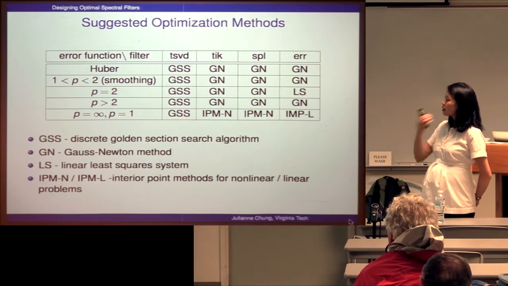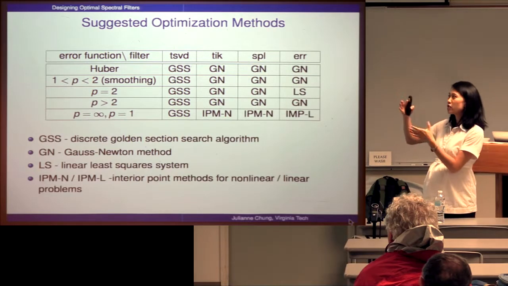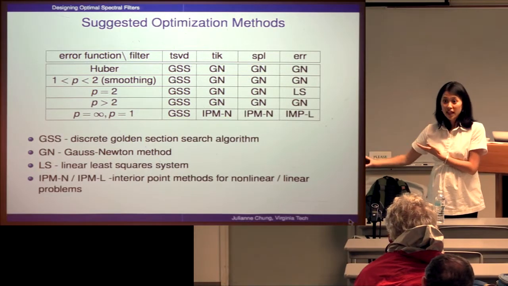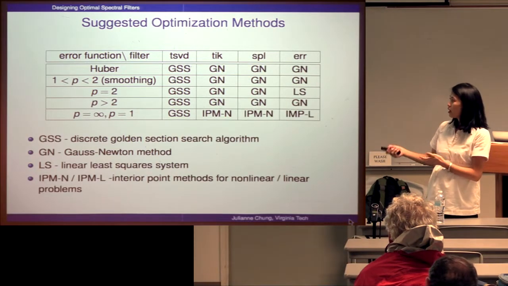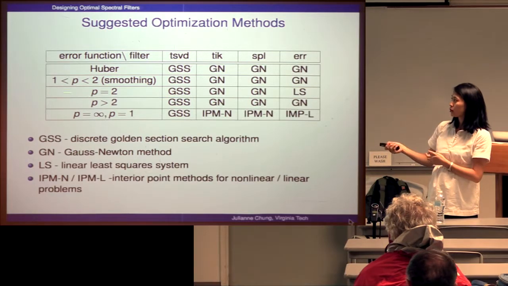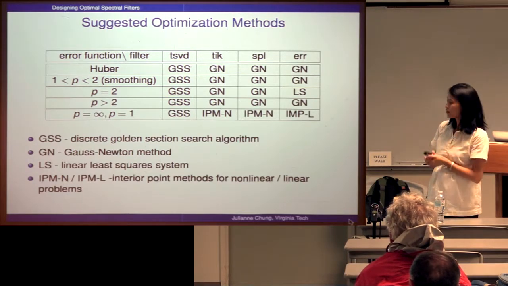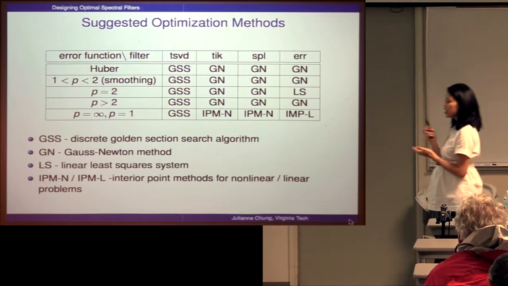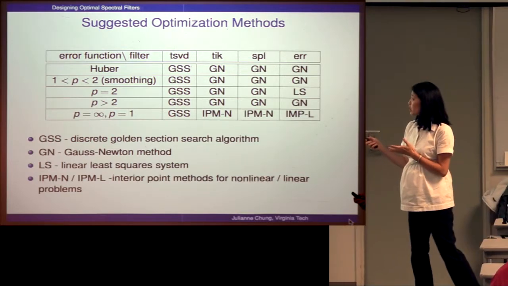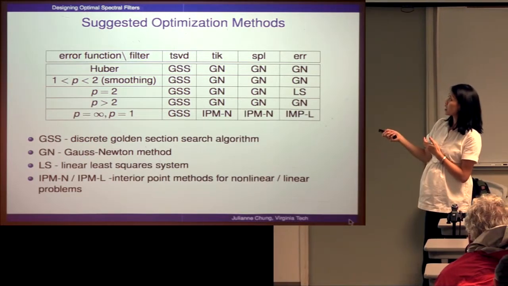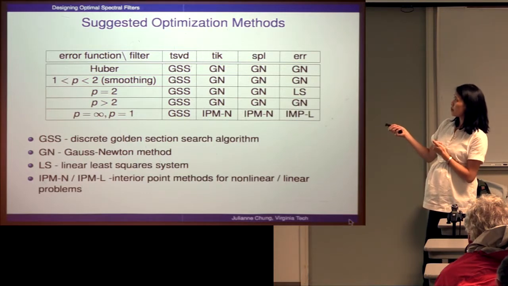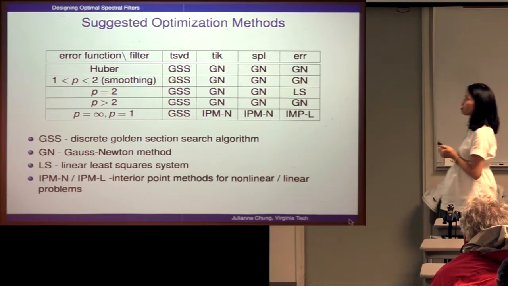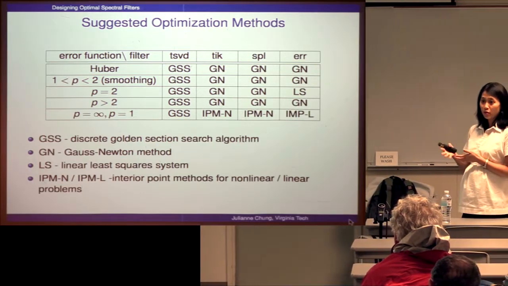In our framework, we can choose any error function we like. You could use p-norms, for example, p equals 2, or p between 1 and 2, or p is 1 or infinity. And you could choose any filter factor representation as well: TSVD, Tikhonov, the error filter, or the spline filter. All of them can be used in our framework.